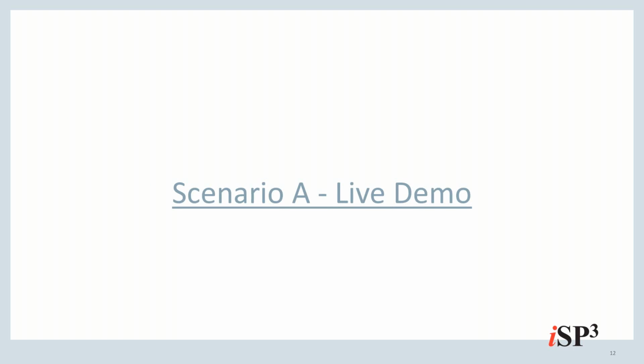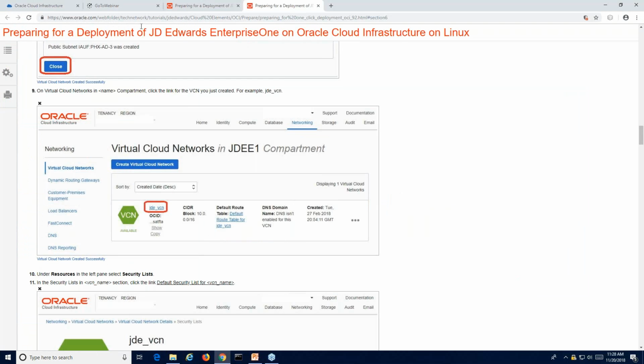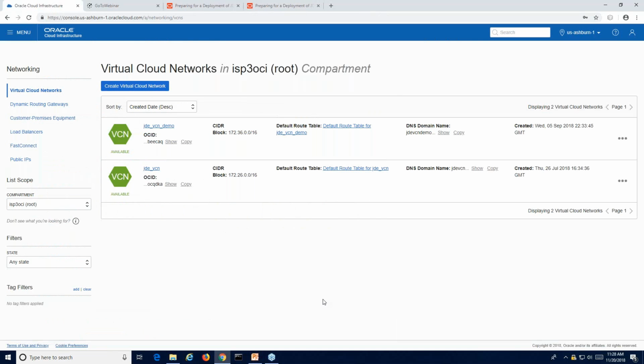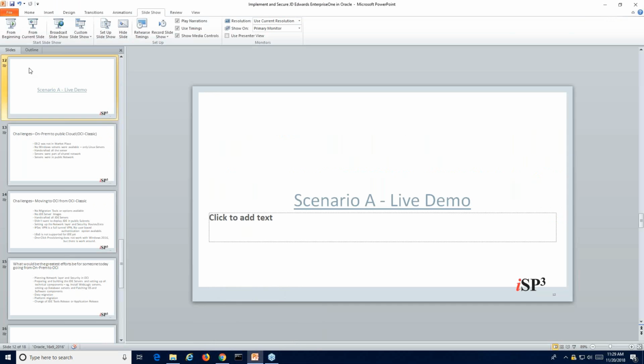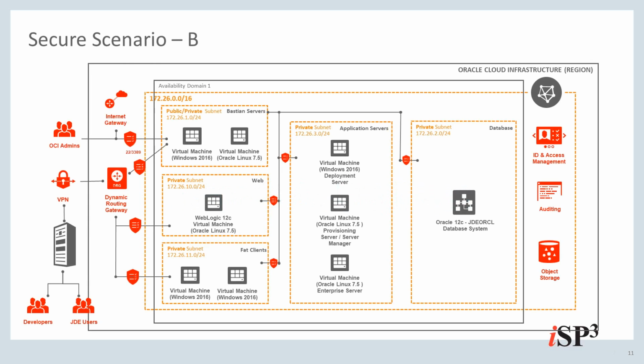Okay, so let's quickly go into our own instance. I can show you around a few configurations there. Sorry, I'm going to quickly jump into the slides and explain something to you.